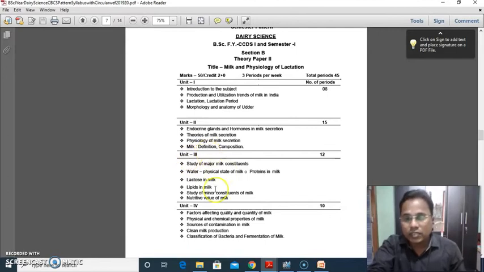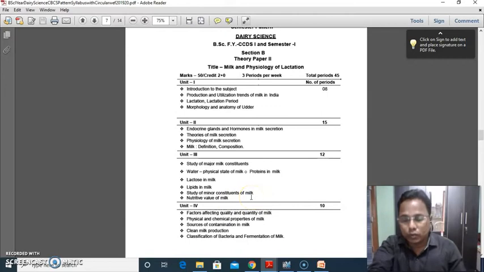In unit number 3 we will study the major milk constituents, that is, fat, protein, lactose, and proteins. We will study them in detail. Then water, lactose, lipids, meaning the fats, the study of minor constituents, and the nutritive value of milk.